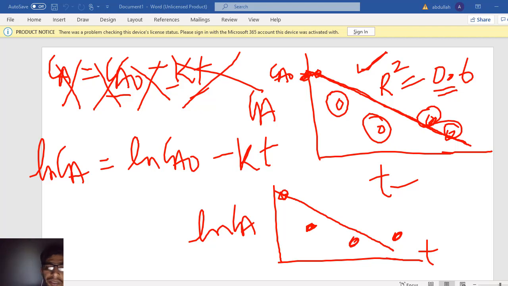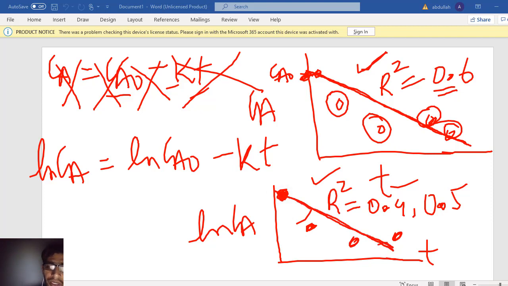Here the straight line crosses the experimental points only in this place. So again the R squared value is very small, it can be 0.4 or 0.5 in this case. The regression coefficient is very small, and our experimental points and the theoretical straight line are very far away from each other.